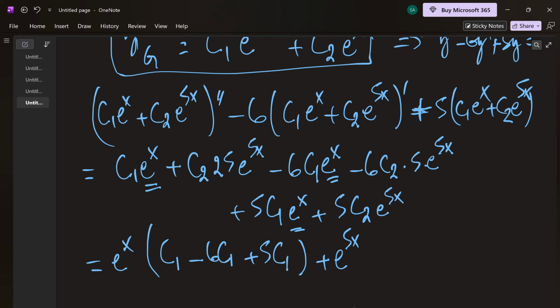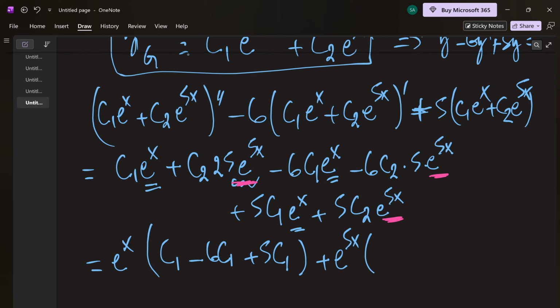Next, we factor out exponential 5x and collect the coefficients.